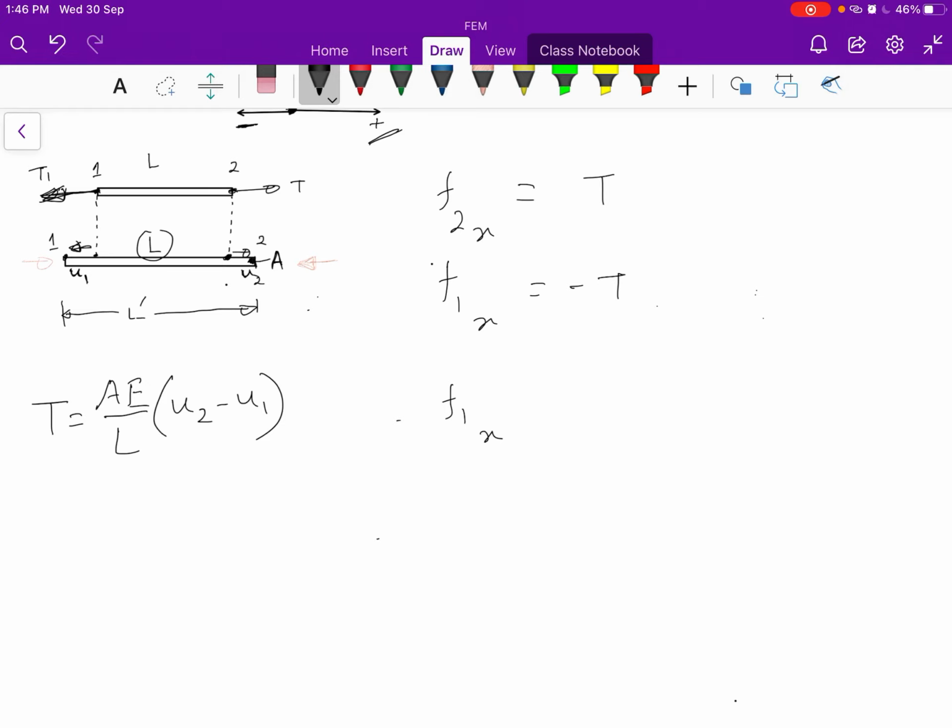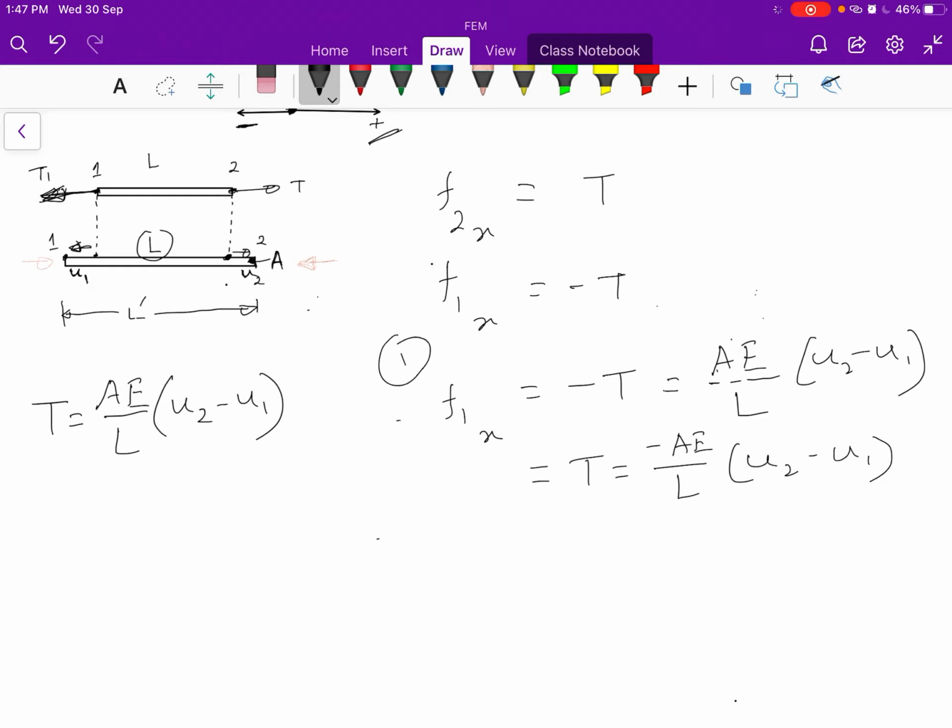F1x equal to minus T equal to minus A E divided by L multiplied by U2 minus U1, when we are considering node 1.